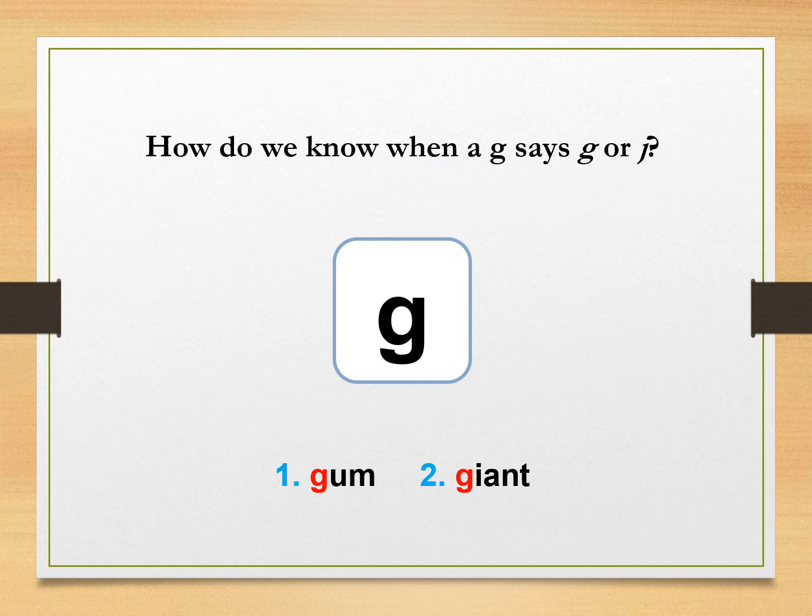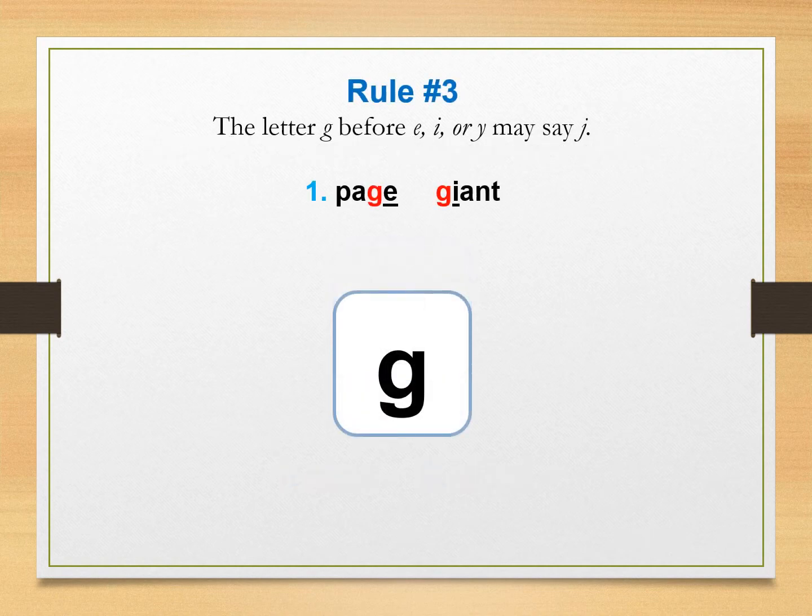How do we know when a G says G or J? The letter G before E, I, or Y may say J. Now this is different from the letter C. The letter C before E, I, or Y always makes its soft sound, always says S. But with G, it's a little more flexible.